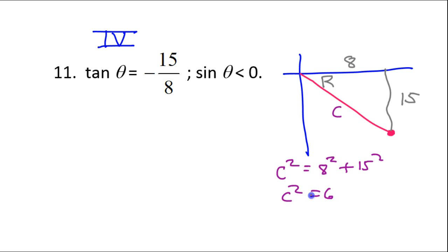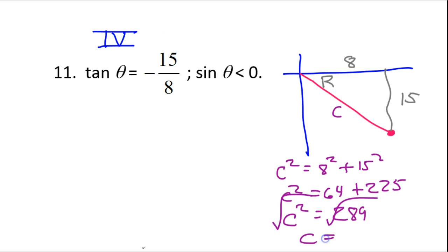So C squared is going to equal 64 plus 225. So C squared is going to equal 289, and then I need to take the square root of both sides. So that turns out to be 17.